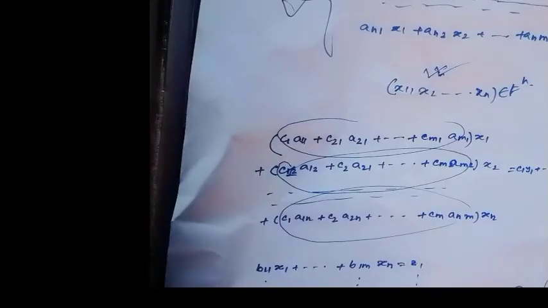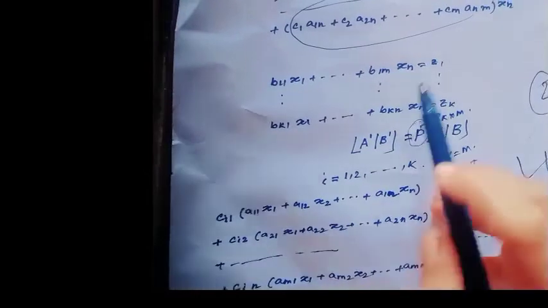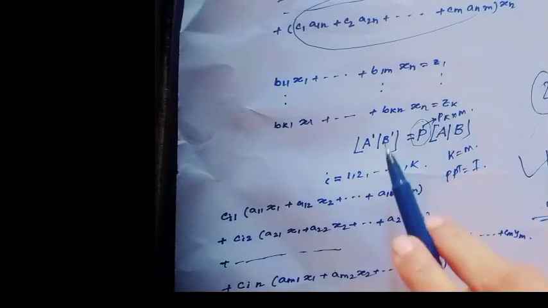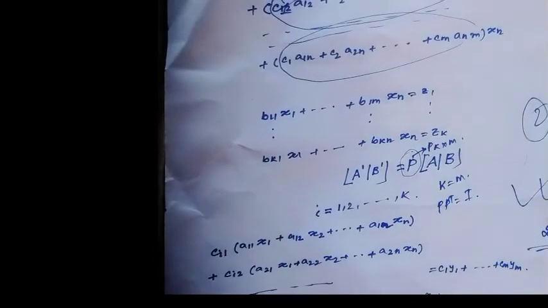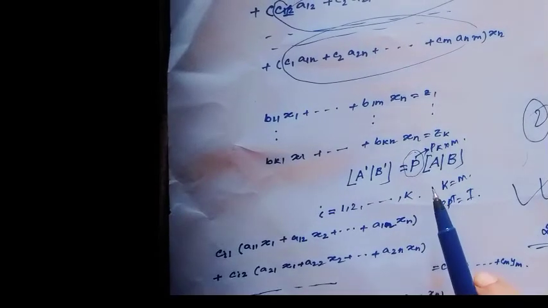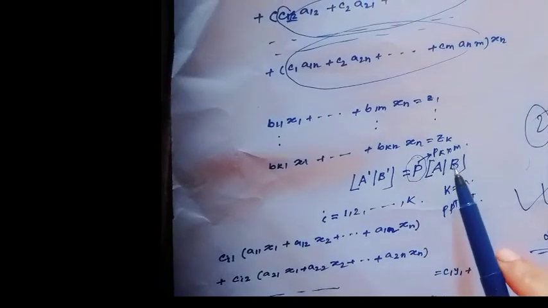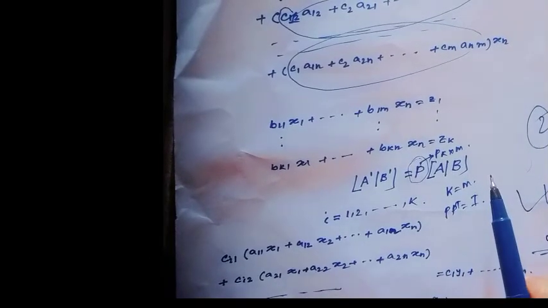What I did: I was given one system of linear equations, then I multiplied this system by scalars, and I got a new system of linear equations, and here I got a different augmented matrix. This new augmented matrix would be the same as multiplying a matrix having k rows and m columns with the older augmented matrix.